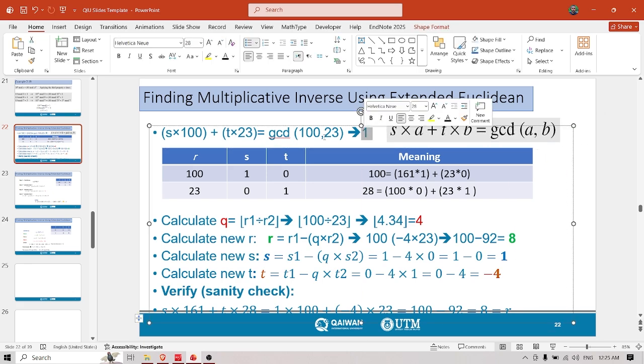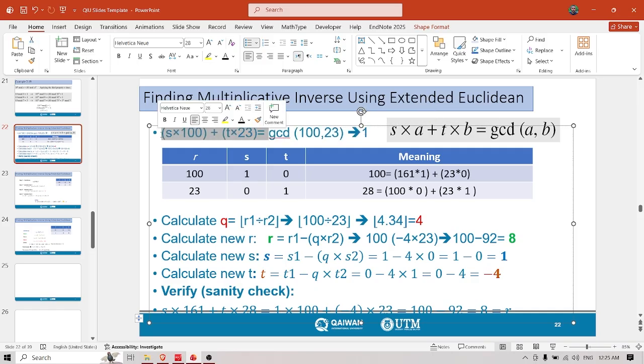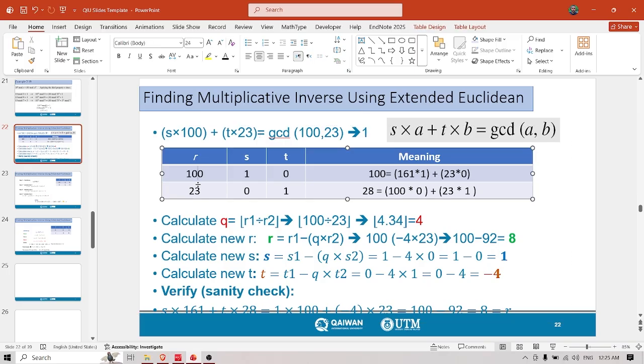The GCD of these two was 1, so we need to find the s and the t such that s multiplied by 100 plus t multiplied by 23 is 1. Now we have R1 and R2, S1, S2, T1, T2. Now it means this 100 is equal to 4 multiplied by 23 plus the remainder.